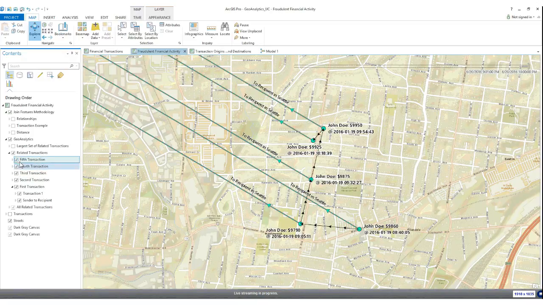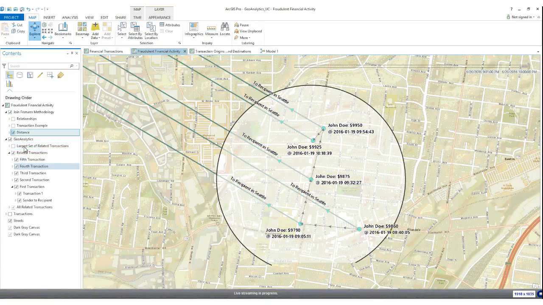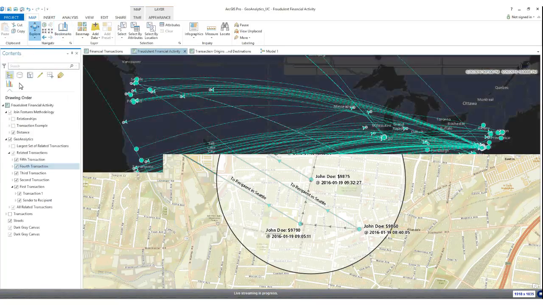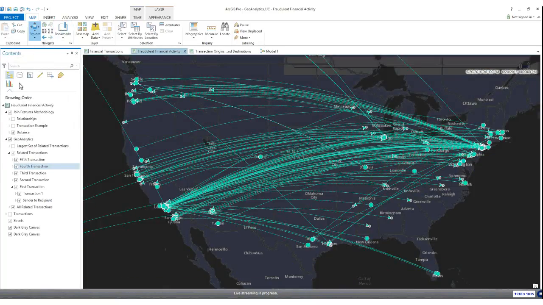So all of these transactions were made from 8:40 a.m. to 10:18 a.m., all within a relatively small area, all going to the same recipient, and all just under that $10,000 threshold. So using that model, we are able to sift through all of that information very quickly to pull out the fraudulent activity from those billions and billions of transactions into this small data set, the small group that we identified as possibly fraudulent activity.